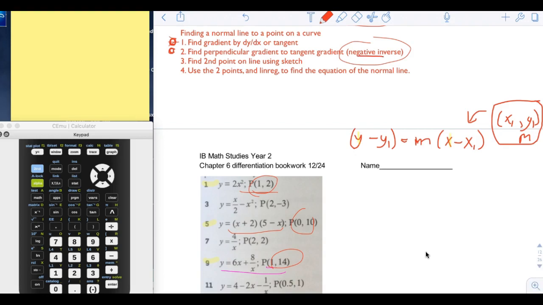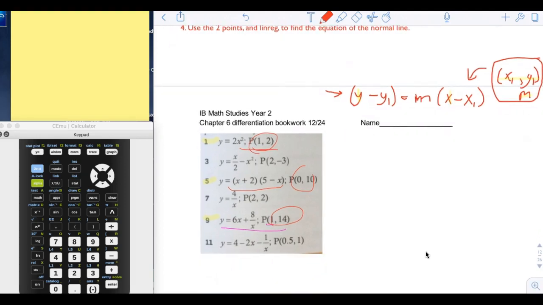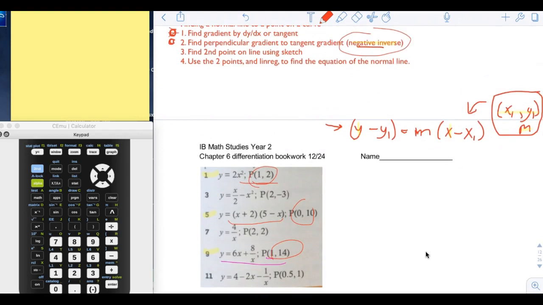Then from this point, you would use the original point given in the problem to substitute for x1, y1, and put this negative inverse in for the m, and then you would be done, unless they tell you to find the equation of the line in a certain form. But if not, then this is a form that's as good as any. Okay, so I'll show you how to do it this way. I'll show the procedure up here at the top.